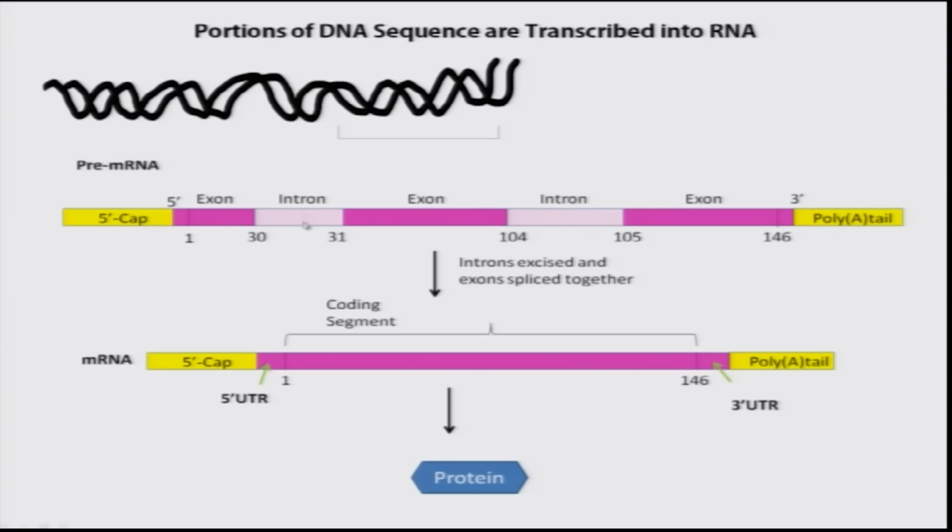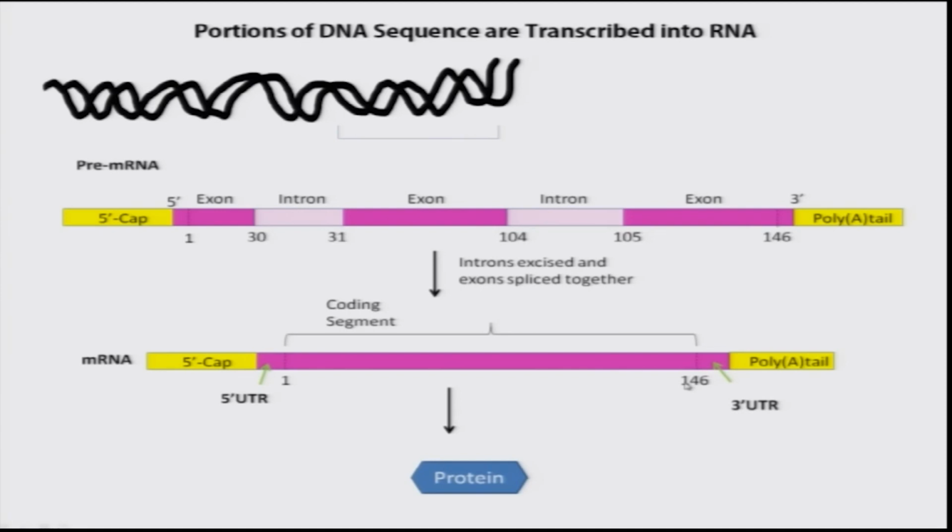When you remove this region and join these two regions, that is what is shown here. For example, you have the matured RNA which has the 5' cap site, and then the poly A tail, and the number here, 1 to 146, for example, denotes the number of amino acids this particular protein or RNA could code for.